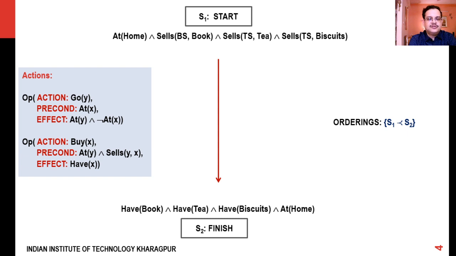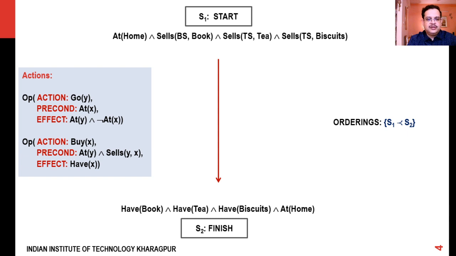They are the effects of the start action, and they define the initial state and my initial state of knowledge as well. So my initial state is that I am at home and I know that there is some bookstore BS which sells books, there is some tea stall TS which sells tea, and there is some tea stall TS which sells biscuits.